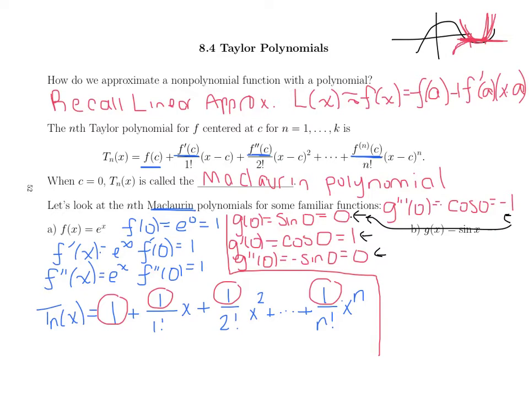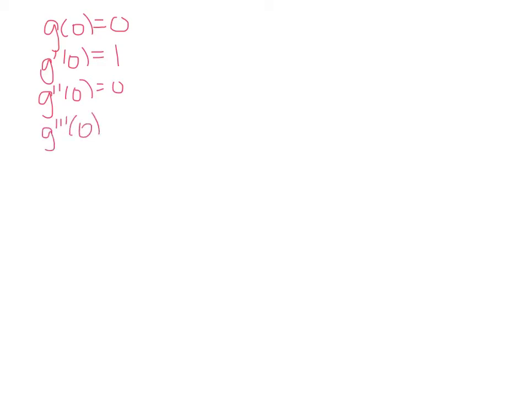As we try to write the Taylor polynomial for this, maybe I'll add a page here so we can take care of this. So we had g of 0 was 0, g prime of 0 was 1, g double prime of 0 was 0, and then g triple prime of 0 was negative 1, and then we said this pattern repeats.